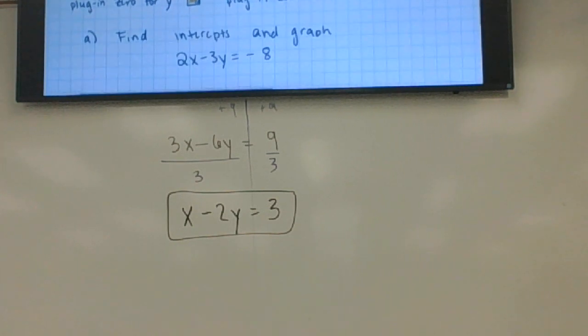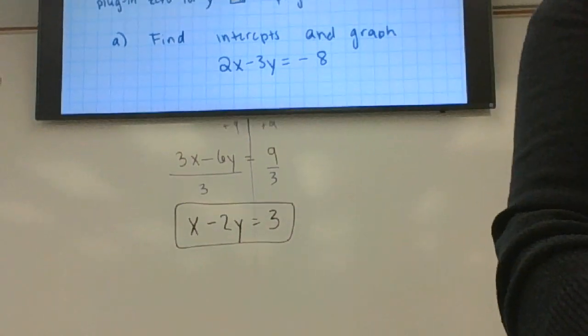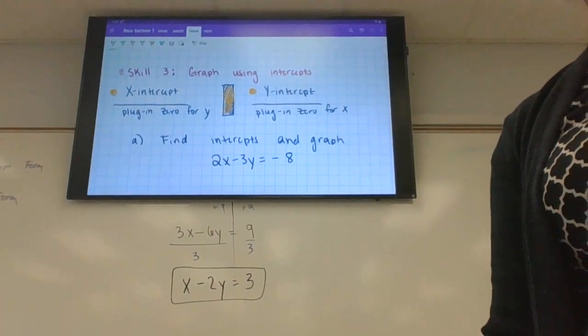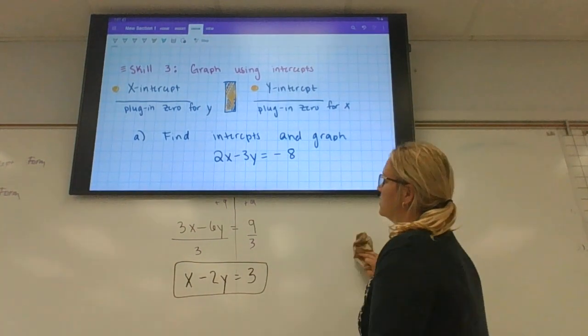All right, the last skill that you need to know for chapter 2-2 is graphing a linear function using intercepts. So we're going to find the intercepts and graph, and this is why in Bellwork I had you just identifying intercepts.